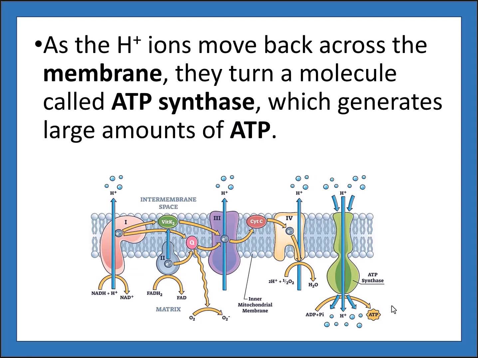Again, this is much more detailed than you really need to understand for this process, but generally what you need to know here is that we're creating a large amount of ATP through this electron transport chain process, and that the electrons are moving from molecule to molecule, releasing energy.